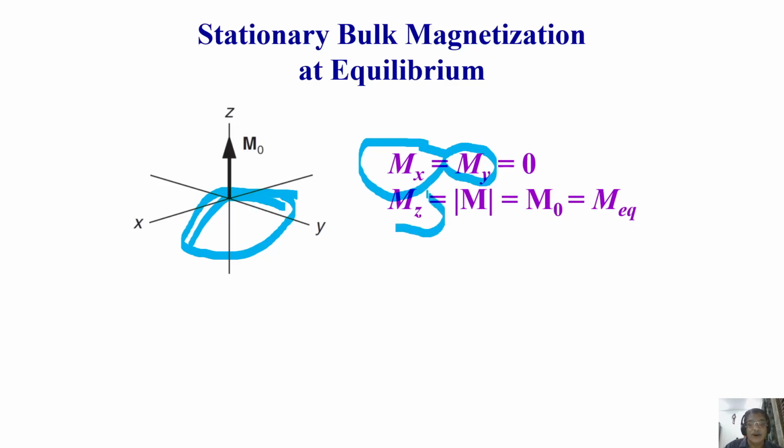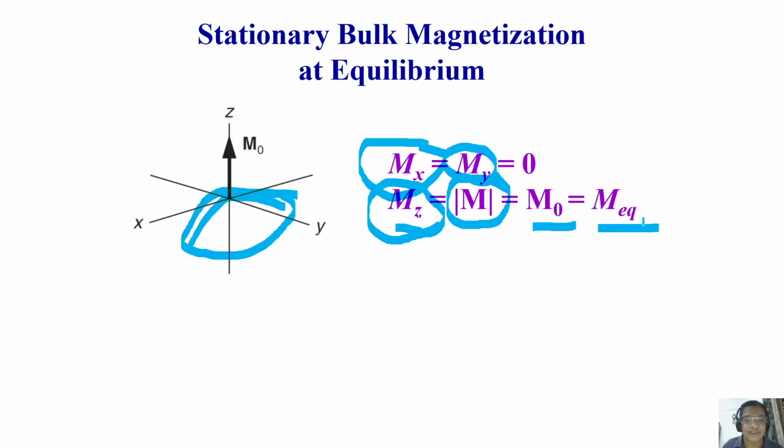So this is also called Mz magnetization because the x and y components are zero. The magnitude of this magnetization, called M0, is also called the equilibrium magnetization. All these are nomenclatures, terminologies.